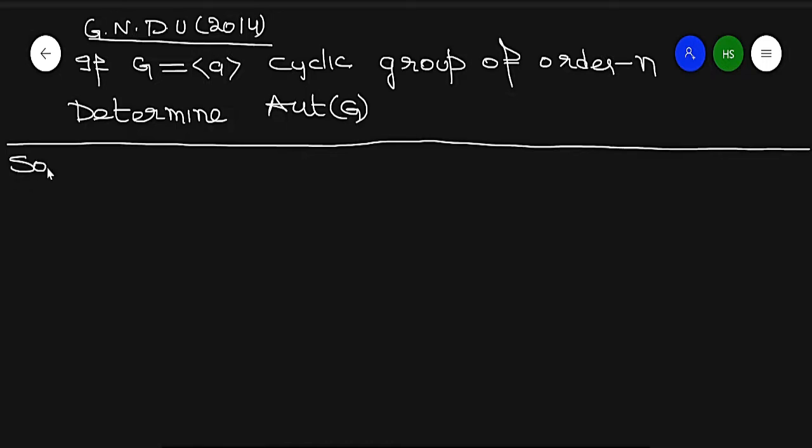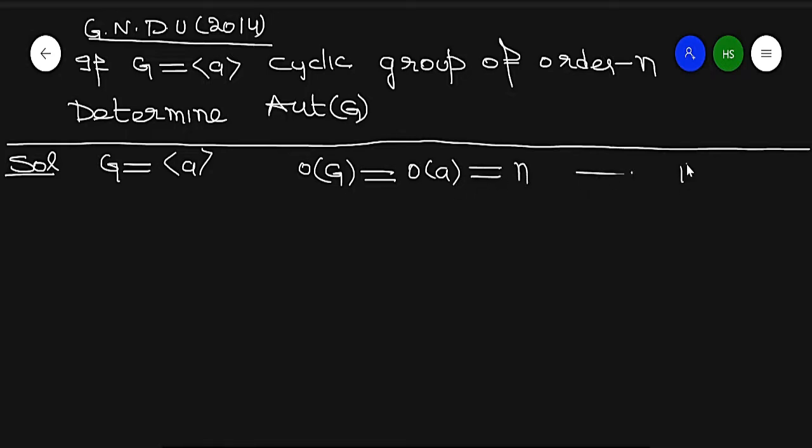Solution of this result. Now what is G? G is generated by a. So it is a finite cyclic group. As we know, the order of G and the order of the generator are equal, so this is equal to n. So I write it as equation number 1.